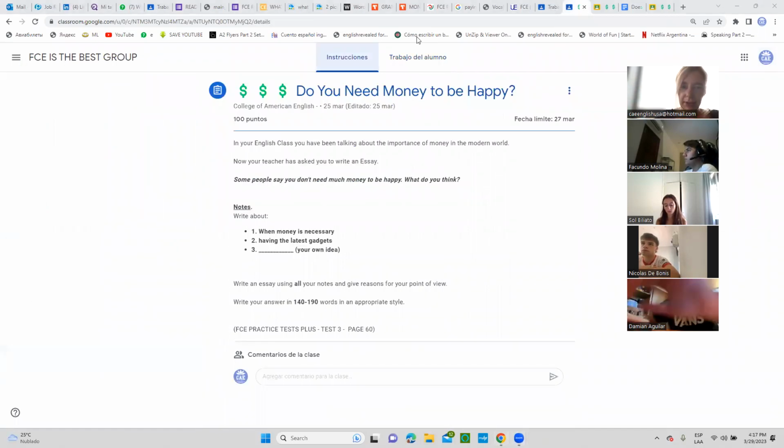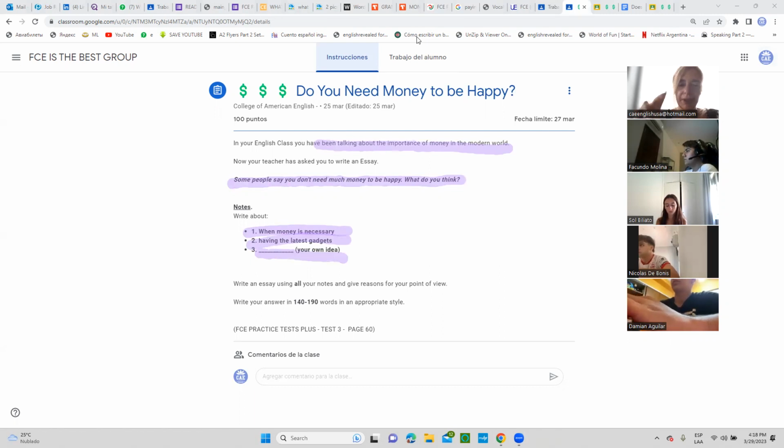The task was, in your class, you have been talking about the importance of money in the modern world. Your teacher has asked you to write an essay. Some people say you don't need much money to be happy. What do you think? Write about when money is necessary, having the latest gadgets, and then your own idea. Okay. So when money is necessary, having the latest gadgets and your own idea. Let's see, Facu.